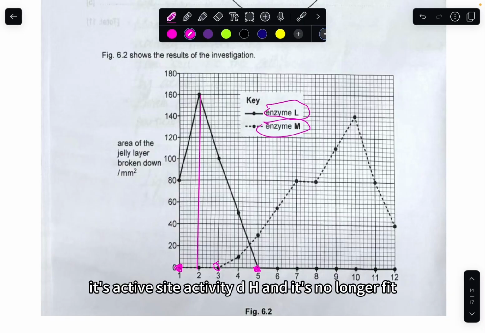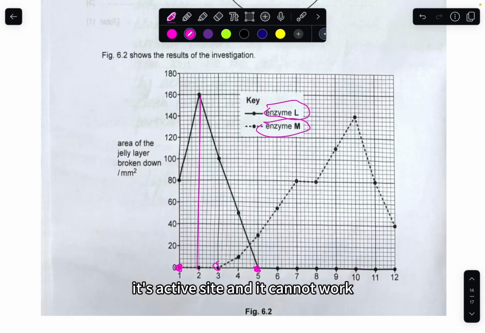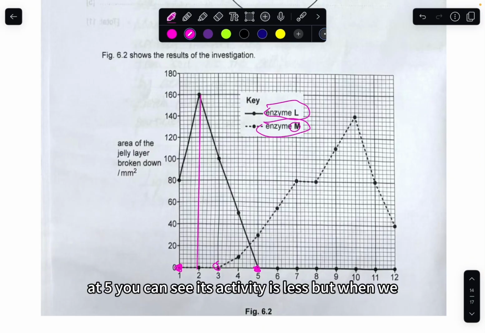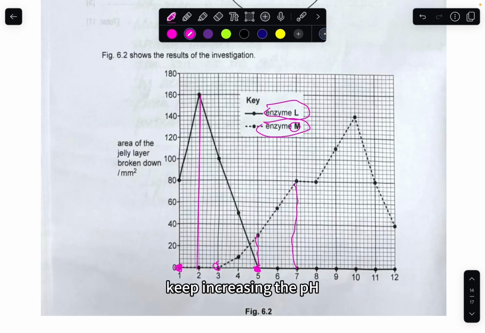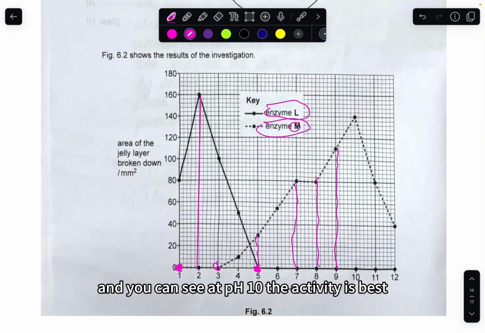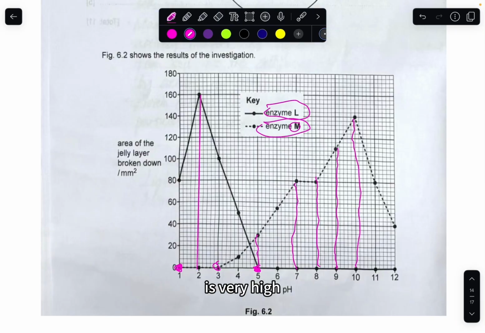Its active site is denatured and the substrate no longer fits the active site, so it cannot work. But for enzyme M, at pH 5 you can see its activity is low, but when we keep increasing the pH, its activity increases. And you can see at pH 10 the activity is best, very high.